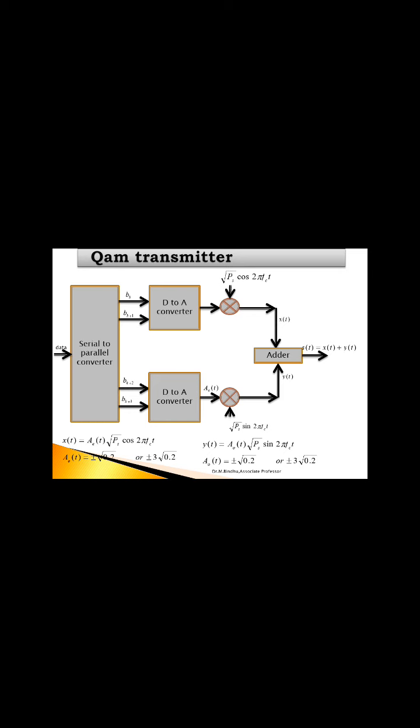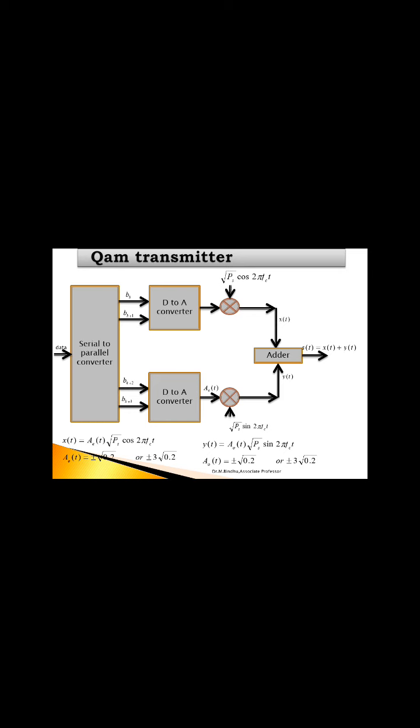Odd bits will be modulated. In the transmitter we modulate the signal with the carrier, which takes place with the cosine signal. Even bits will be modulated with the sine signal. And the outputs are added. Therefore, the output of your QAM is going to be the odd bit modulated with cosine, the even bit multiplied with the sine carrier, and the combination of the added components is going to be S of t plus Y of t.